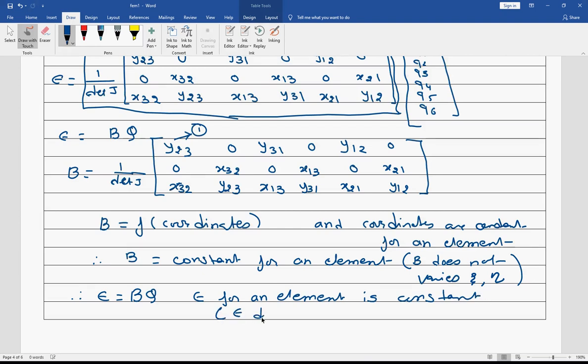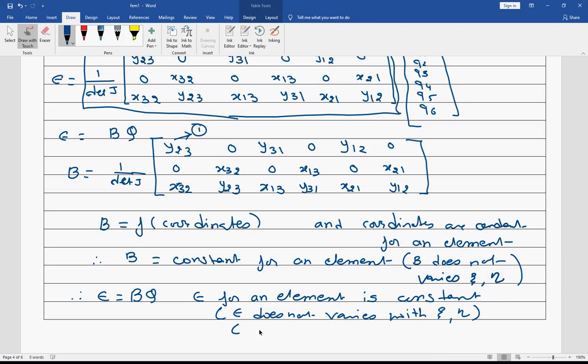In other words, epsilon does not vary with xi and eta. Okay, so it does not vary.